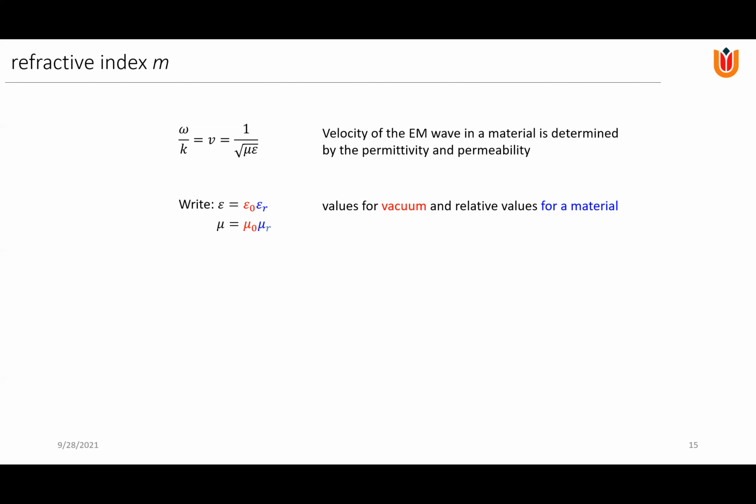What we usually do is split these into absolute and relative properties. Absolute would be the values for vacuum, and relative would be the values for a material. So epsilon 0 and mu 0 would be the values for the vacuum, and the ones with the subscript R are for the material.